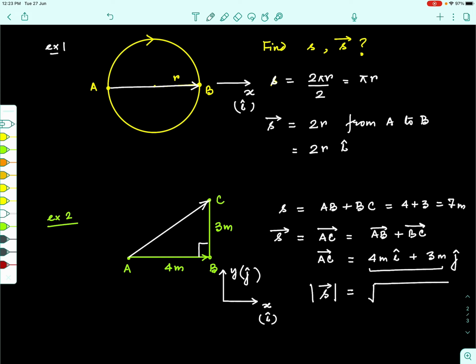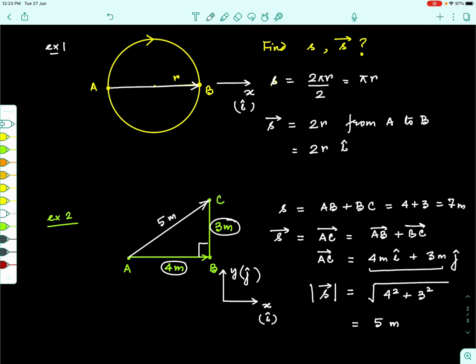So the length AC would be nothing but the square root of the square of length AB plus the square of length BC. So it will be the square root of 4 squared plus 3 squared, which is nothing but 5. So 5 meters is the magnitude of the displacement vector AC. This length is 5 meters here.